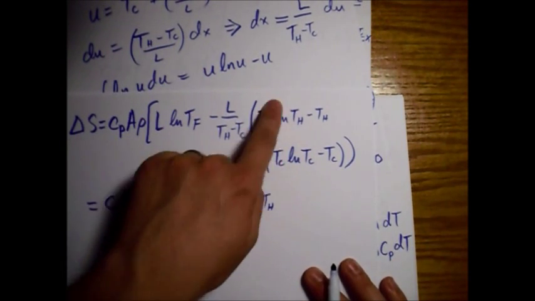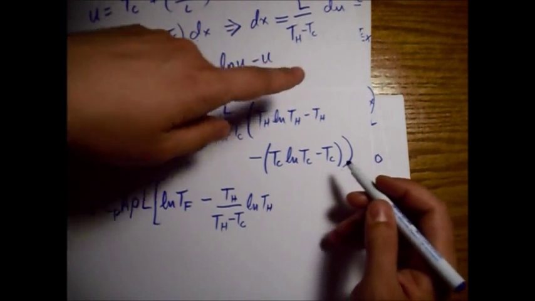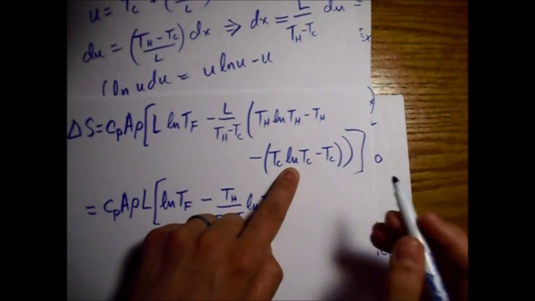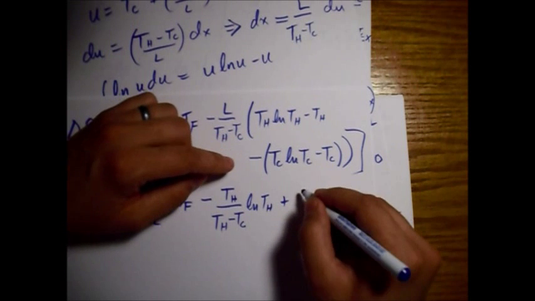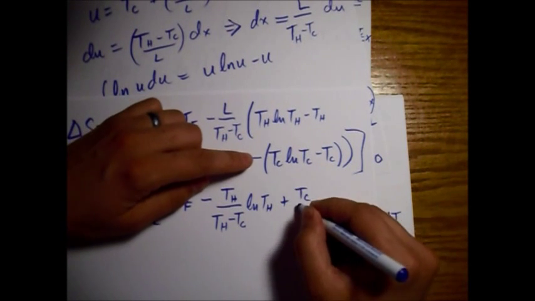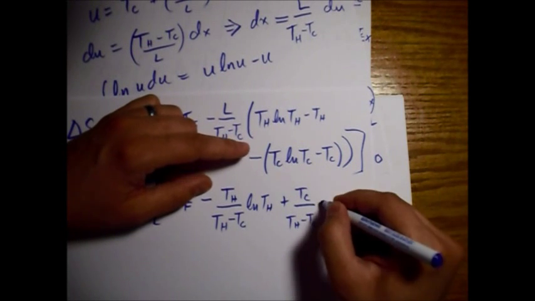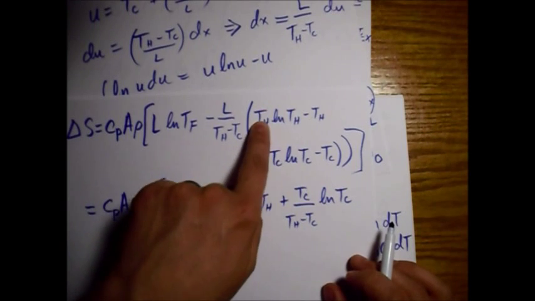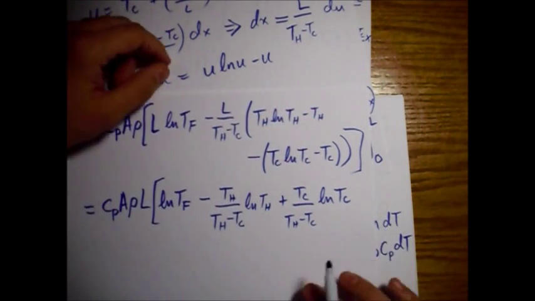That's just this term right here. And we'll also do this one. I forgot another bracket out there. This one will just be Tc over (Th minus Tc), natural log of Tc. So now I've taken care of this term here and this term here. We just have these two guys left.